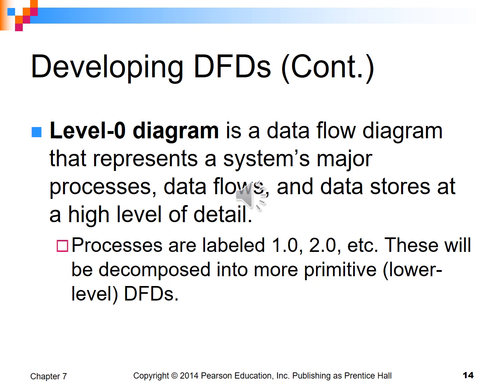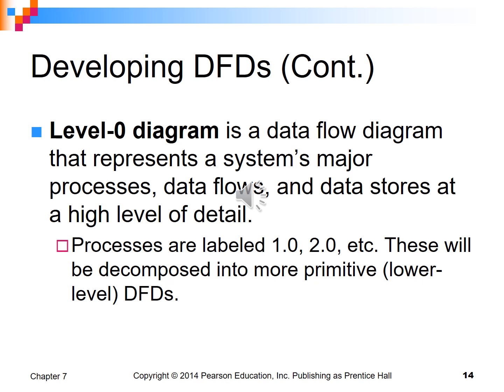So a level 0 diagram is a data flow diagram that represents the system's major processes, data flows and data stores at a high level of detail. The processes here are labeled 1.0, 2.0, 3.0, etc. They will be decomposed into more primitive lower levels, which is where we go to level 1, level 2, as we said before.